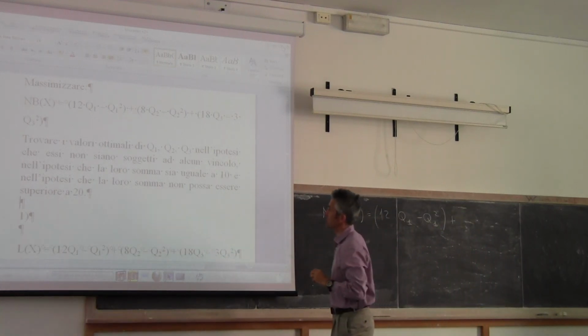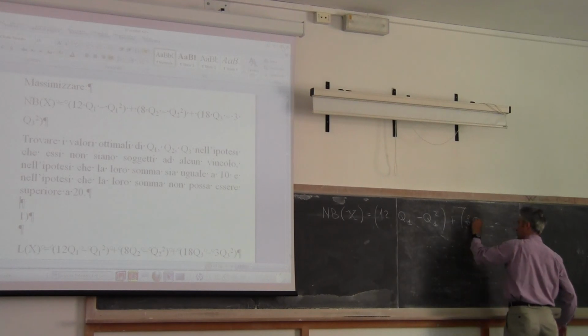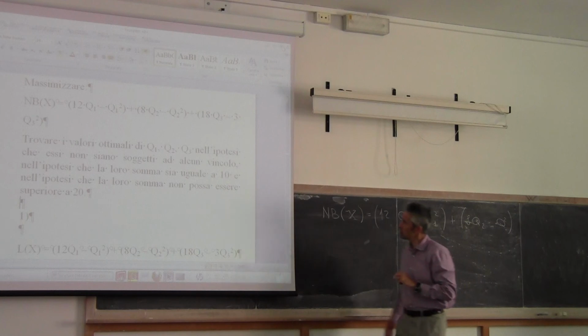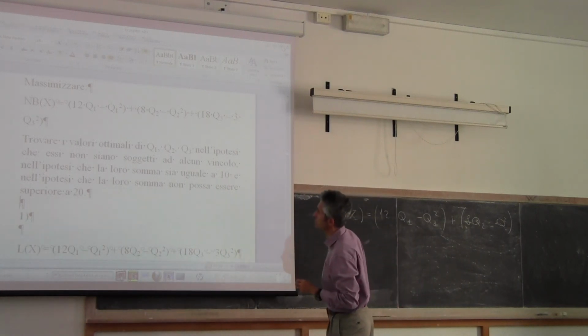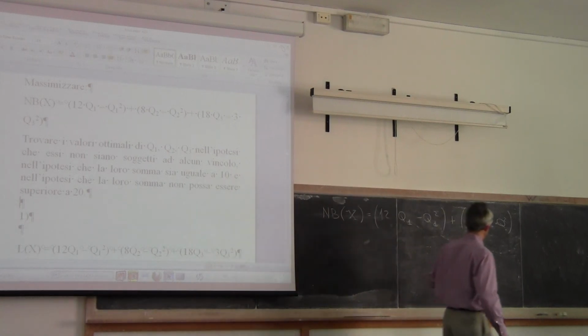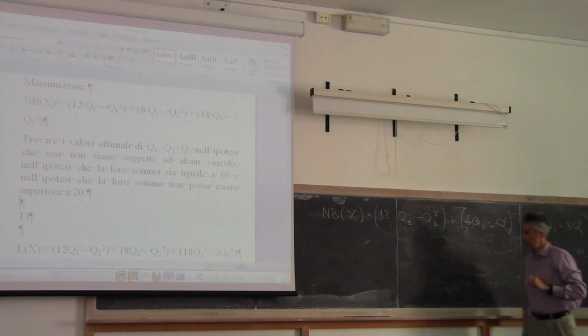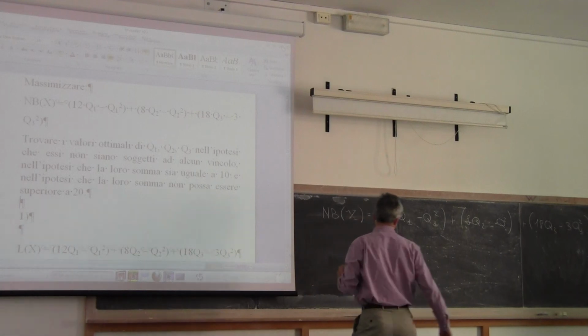The benefit for the second user is 8 Q2 minus Q2 squared, I think. Yes, and the benefit for the third user is given by plus 18 Q3 minus 3 Q3 squared. So this is the benefit function.